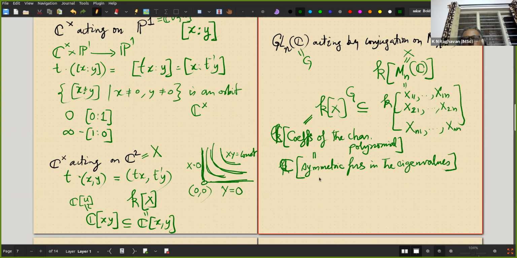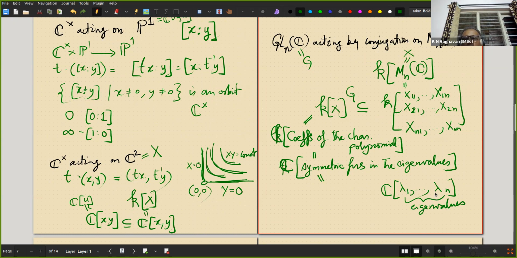If I think of lambda 1, ..., lambda n as eigenvalues, there is really no numbering: these n eigenvalues don't come with a number.